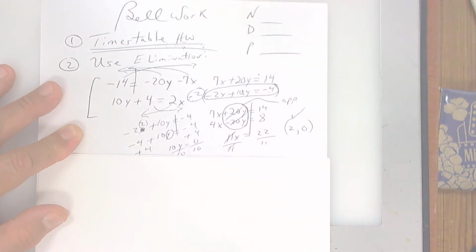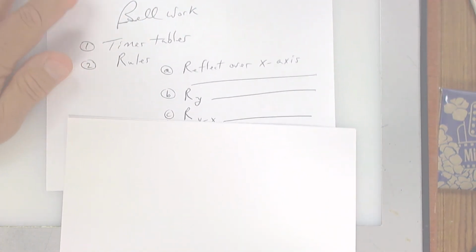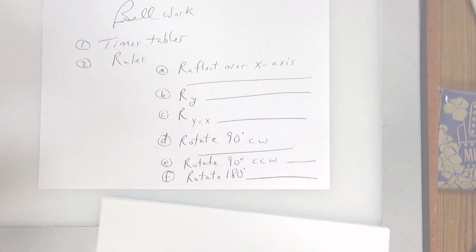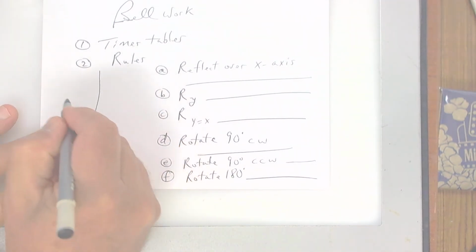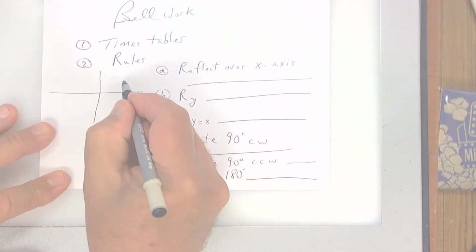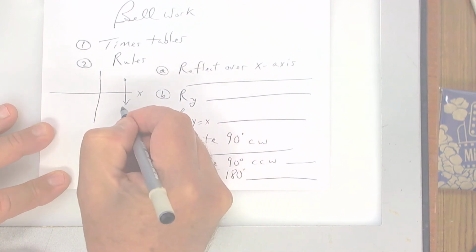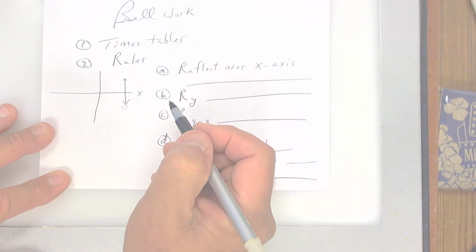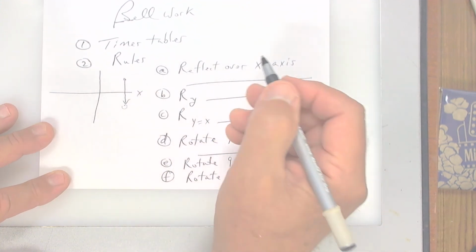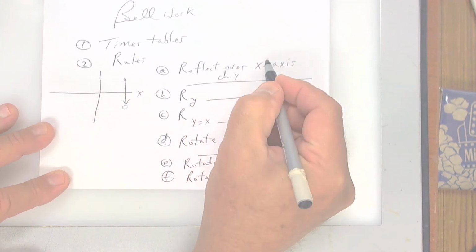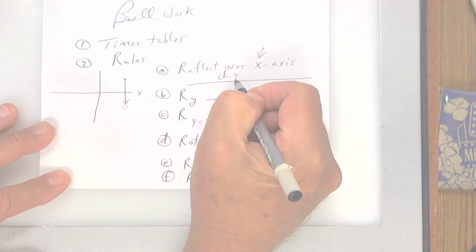All right, so let's move on to geometry. On geometry, you learned about a lot of rules. If you reflect it over the x-axis, here's the x-axis, then you're going up and down, so you change the y. Always change the other one. If they say x, you change the y.